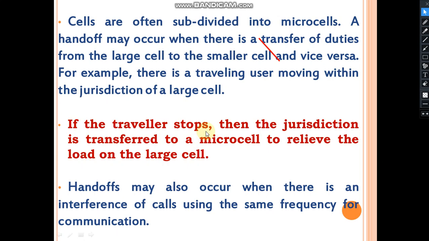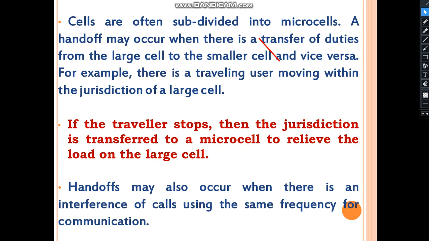If the traveler stops, then the jurisdiction is transferred to the micro cell to relieve the load on the large cell. If you use a cell phone in the basement area, the signal strength is very weak, and sometimes the mobile system can catch the signal and sometimes it loses it.